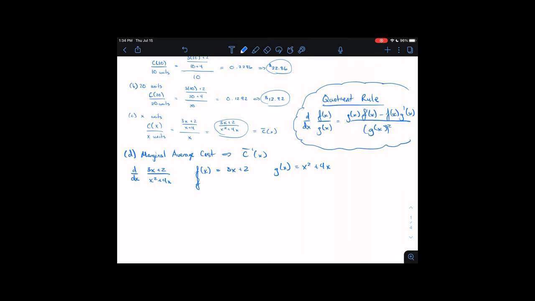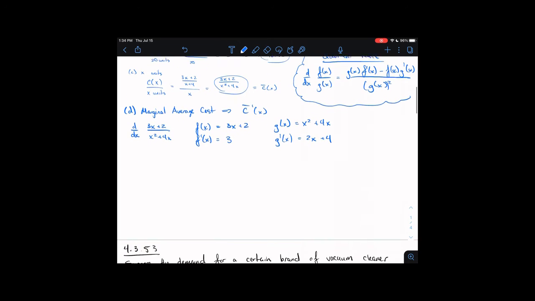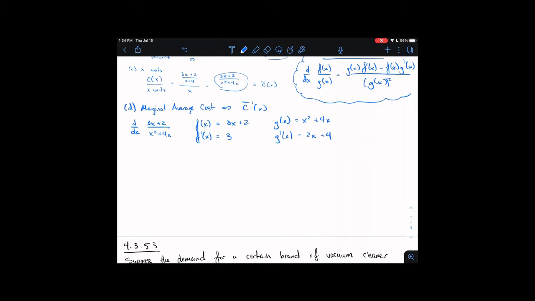Then f prime of x is 3, and g prime of x is 2x plus 4, just using the power rule. Okay, so I have all those things that I want.